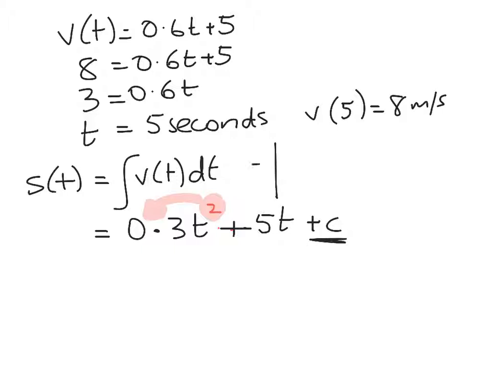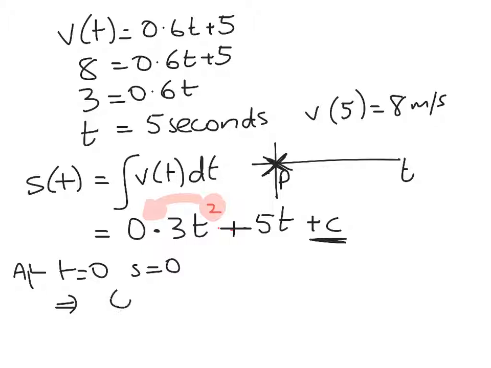Well, I know that I've defined time to be time since she passed her starting point. So at t equals 0, S equals 0, therefore 0 equals 0 plus 0 plus c, so c equals 0, right?